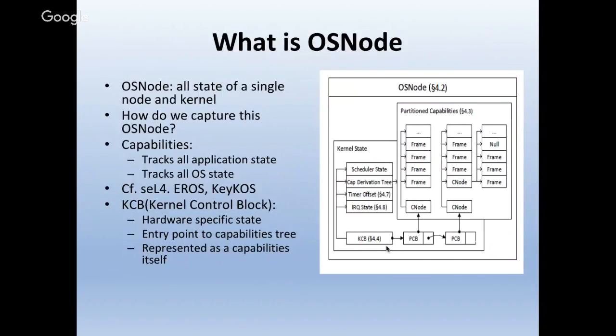We still need to be able to reach this structure and pass it around our system. Therefore, we add a KCB, or kernel control block. The KCB combines some state that doesn't need to persist across kernel starts. The KCB is also a capability itself. It means we now have a representative handle in the system to move the entire per-core state around.